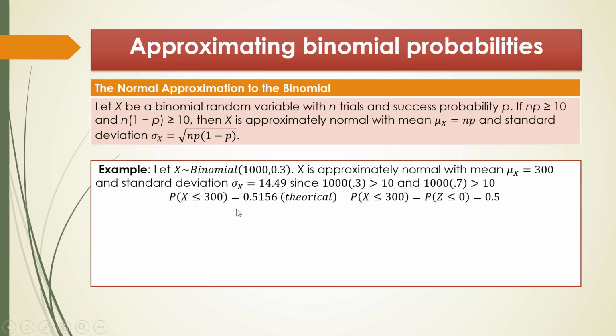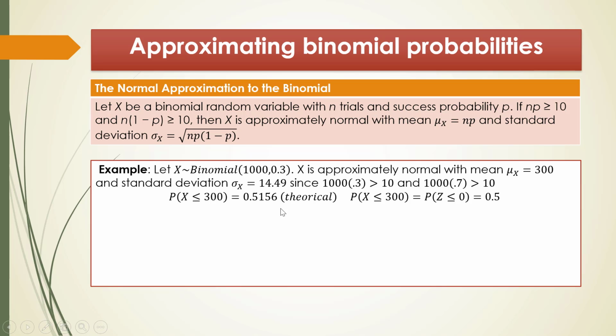By the exact method that we learned in topic 5, the probability that x is less than or equal to 300 is 0.5156, and by normal distribution, the z-score of 300 is 0 because (300 subtract 300) over 14.49 is 0. And the area to the left of 0 under the standard normal curve is 0.5.